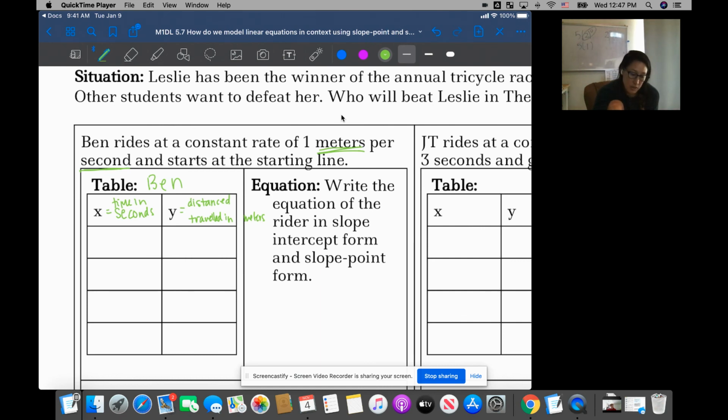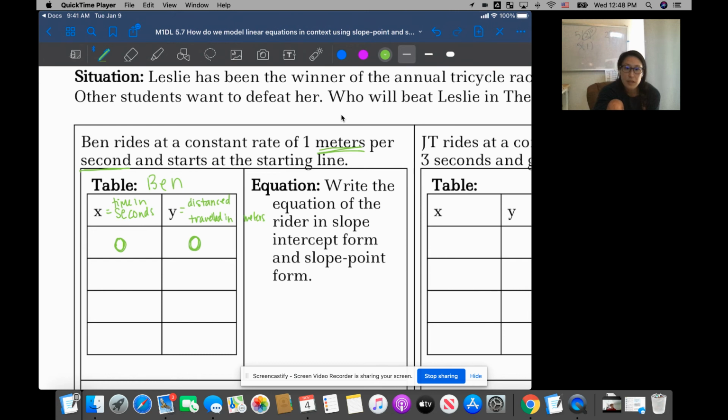All right, so write the equation. Okay, so we're going to do the table first. If Ben starts at the starting line, then the distance he's traveled so far is 0 meters. That's the starting line. And it's also been 0 seconds. The start of the race is 0 seconds.